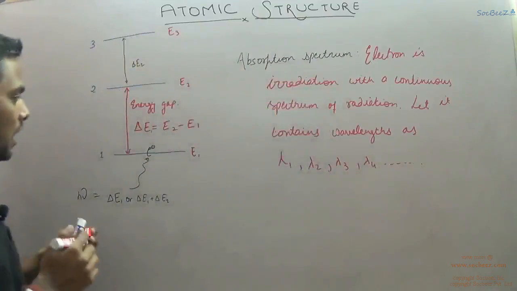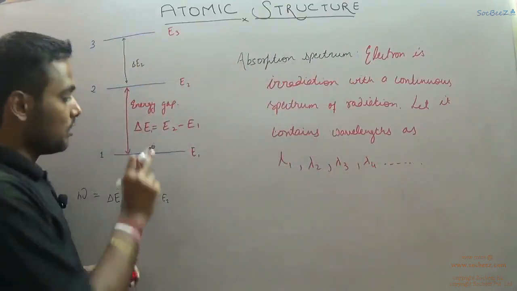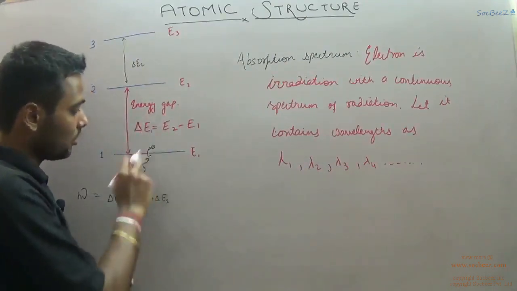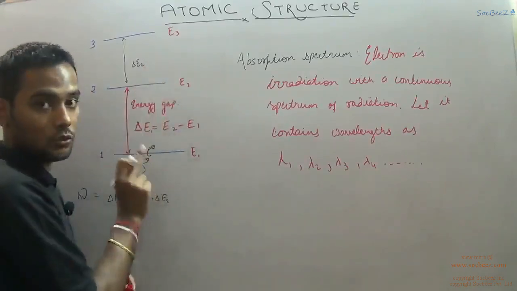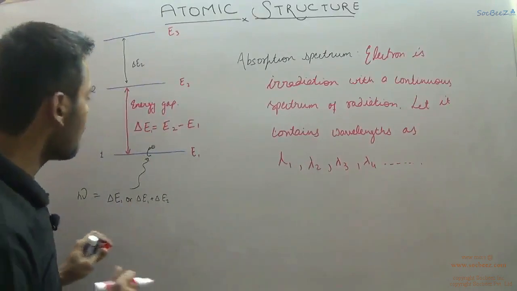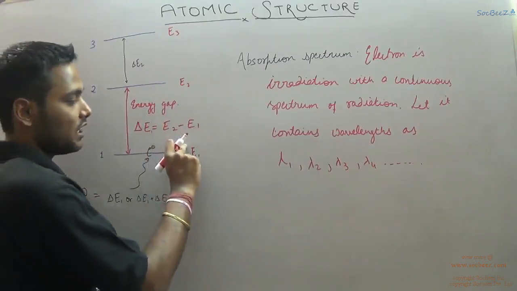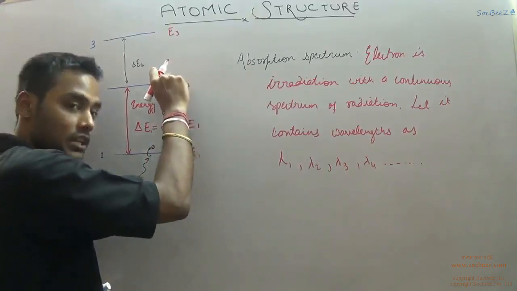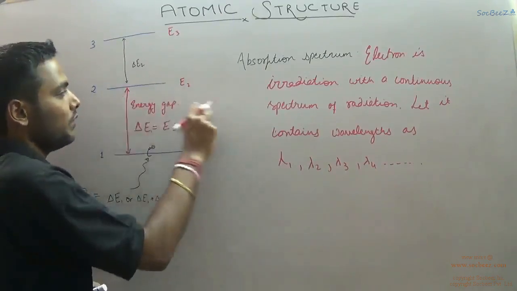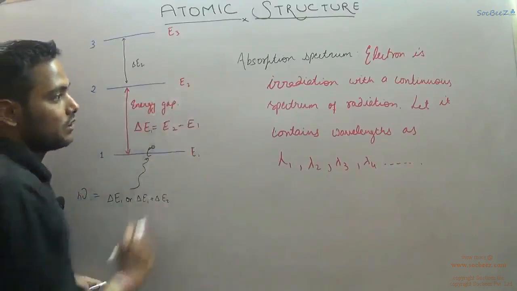Now what will happen? This electron will absorb the wavelength corresponding to this energy, or the sum of these two energies, only. It will not absorb any other wavelength, because the electron can make a jump only from one energy level to another energy level. It cannot make a jump to in between any two energy levels.